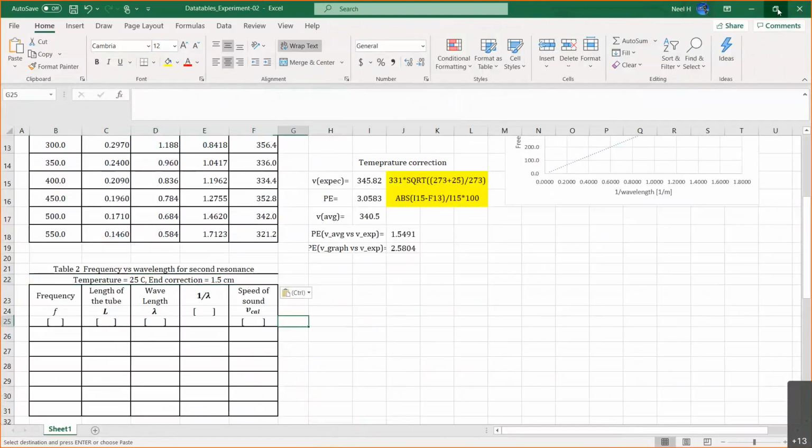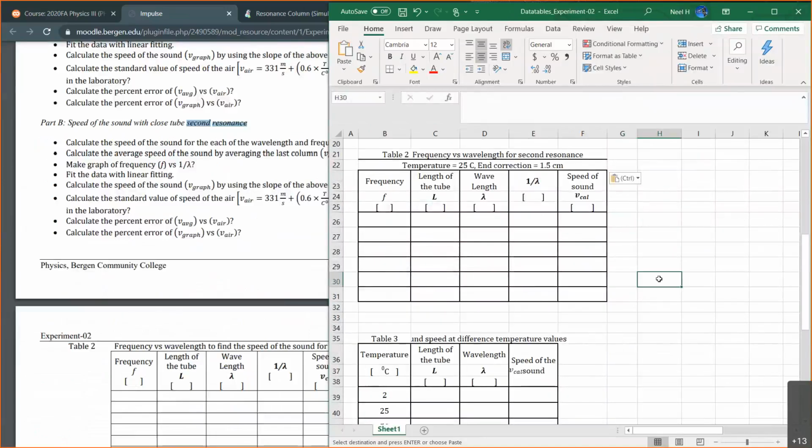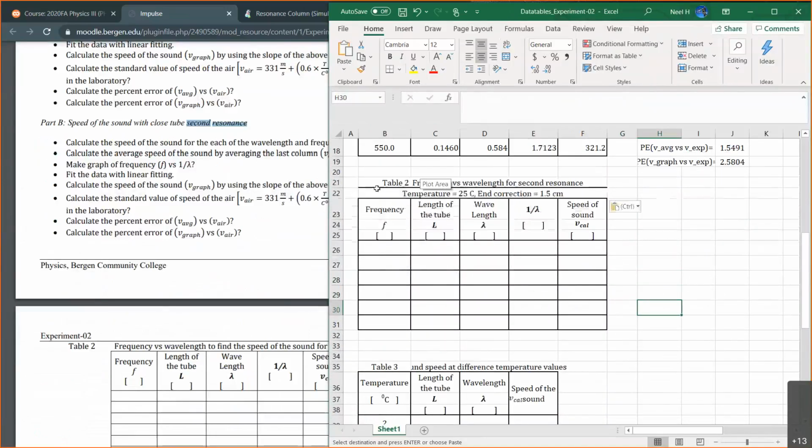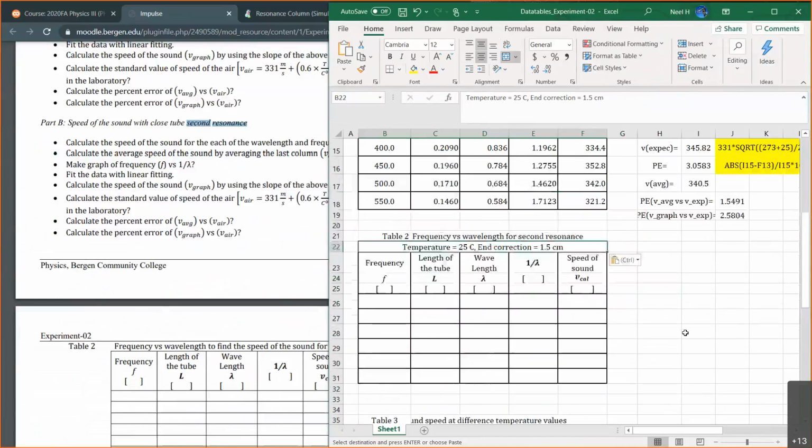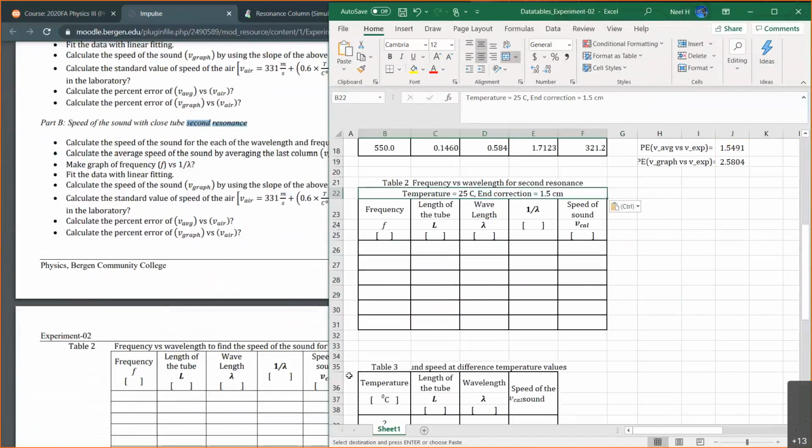I added one small line here, one row, and included that information. Okay, let's do it for the room temperature like we did earlier. Any question?